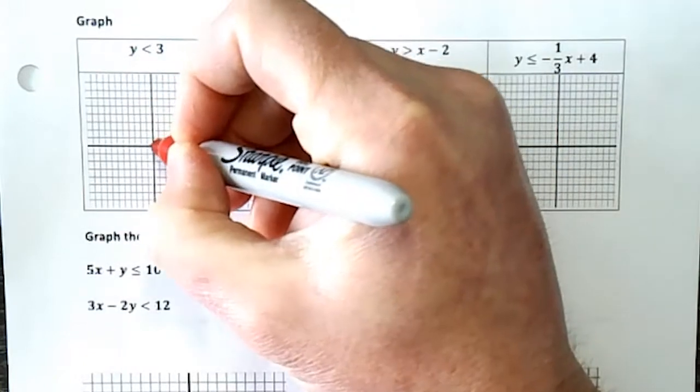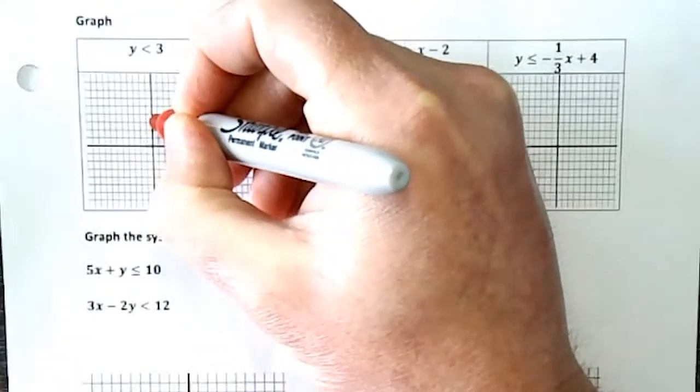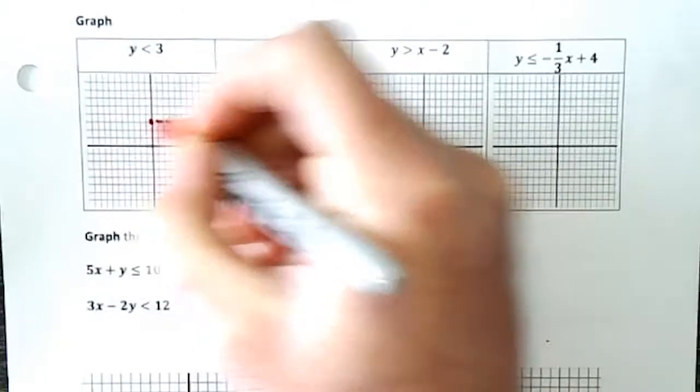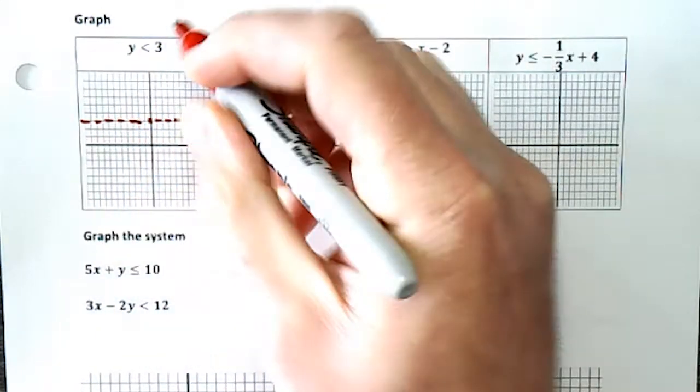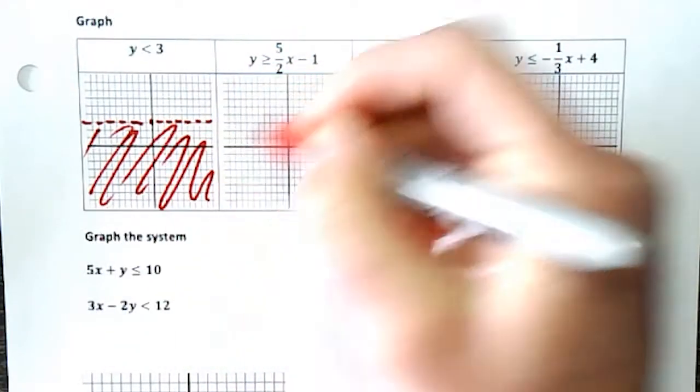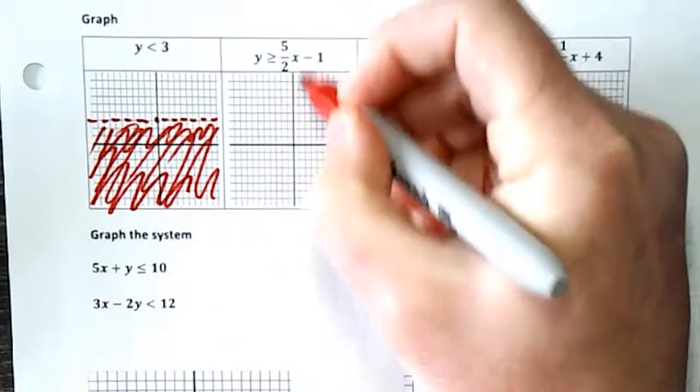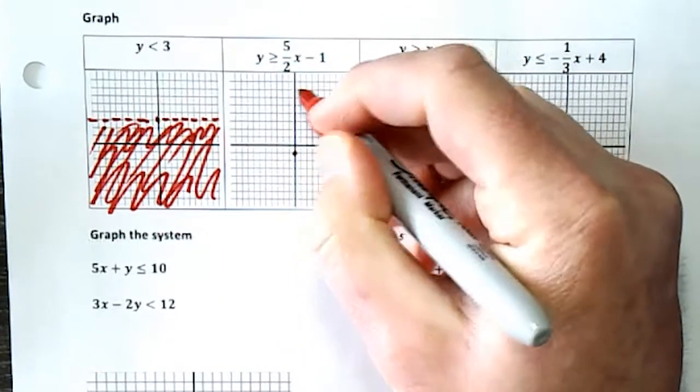So less than 3, this is y, and no equal sign. Y is less than 3, so I'm going down. -1, equal sign.